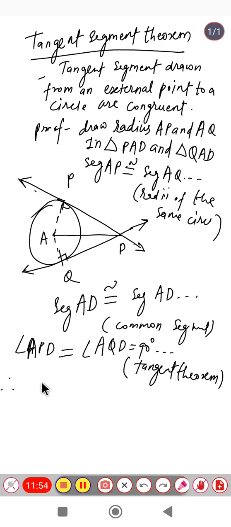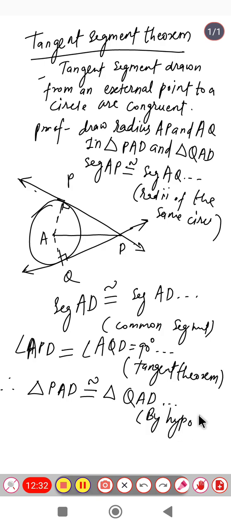Therefore we can say that triangle PAD is congruent to triangle QAD by the hypotenuse side test, because these are the hypotenuses and this side is common.